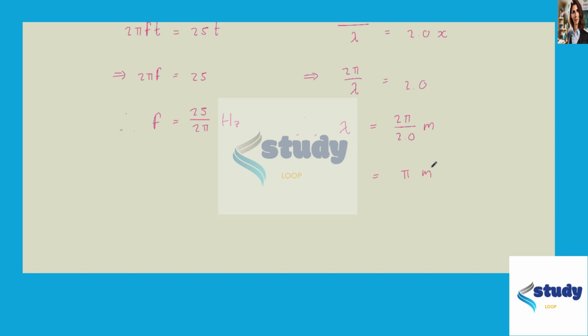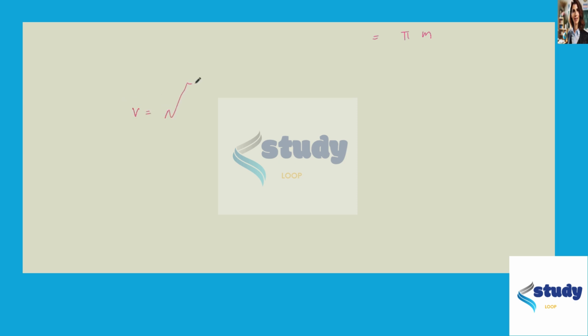Now, we also know that the speed of the wave on a string, v, is equal to the square root of the tension in the string F divided by the mass per unit length in the string, m over l.